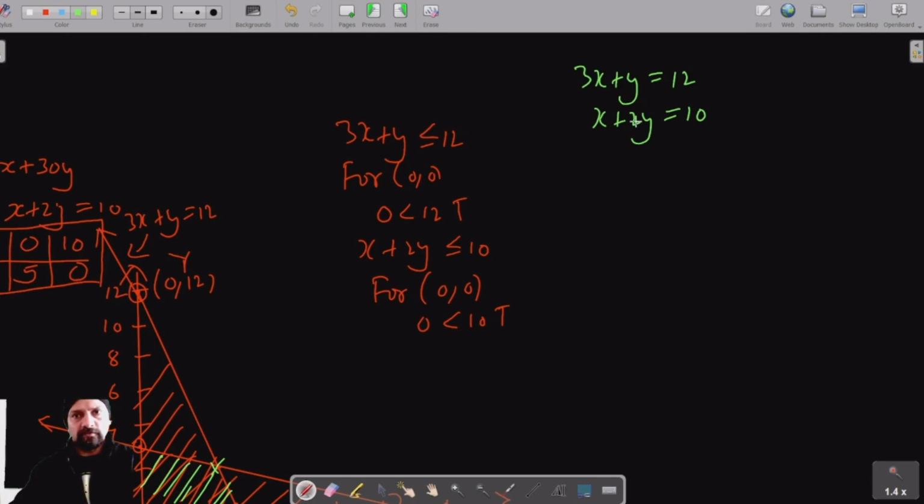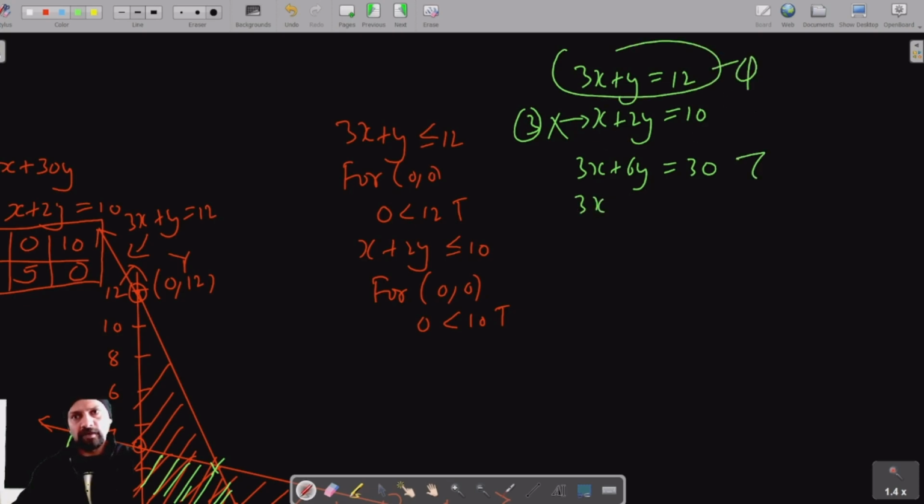If we multiply this equation, x plus 2y, with 3, this is 3x plus 6y, which is equal to 30. So let's subtract these equations, our equations 1 and 2. So the 3x gets cancelled, it's 5y, and 30 minus 12 is 18.